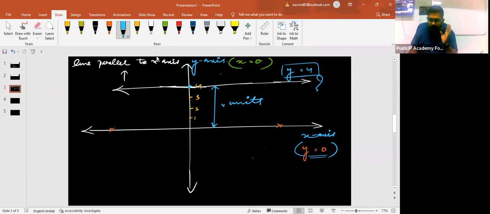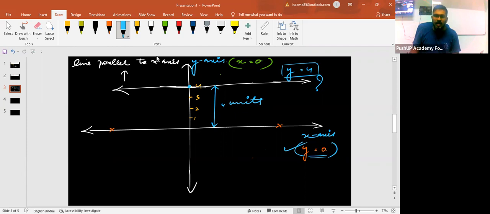It's very easy for you to remember that the equation of the x-axis is y is equal to 0. Now, if you have to find the equation of the line which is parallel to the x-axis at a particular distance, just figure out how much is the distance. How much is it? It is 4. So the equation of that line will become what? Y is equal to 4.